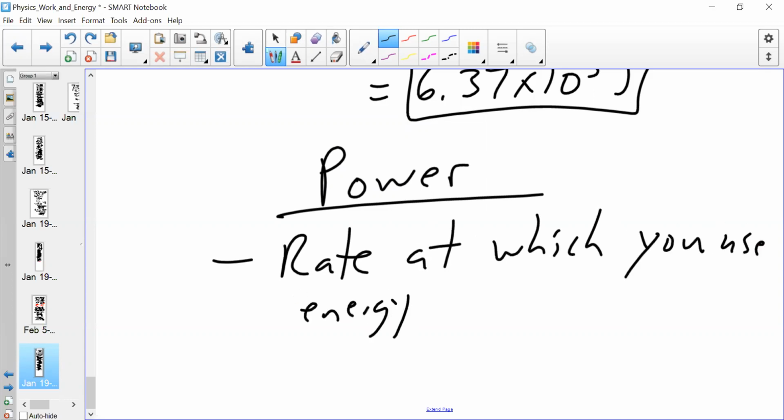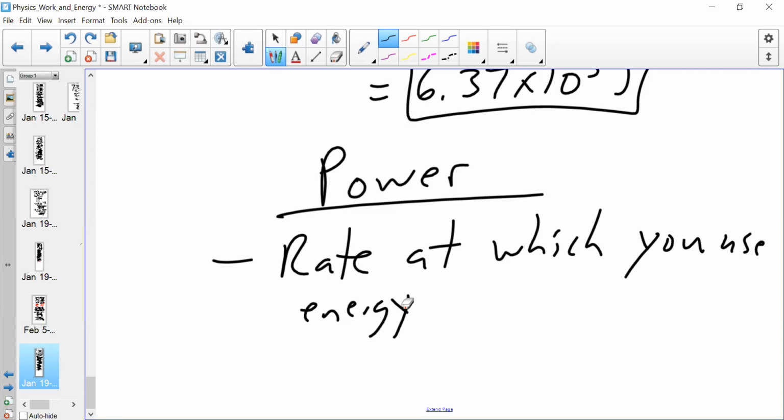We've talked about changing energy and displacing the object under the influence of a net force. Well, power, in a sense, is the rate over time. Anytime you see rates, think time interval, the rate at which you use energy. How much time does it take you to change your kinetic energy? How much time does it take you to change your potential energy?